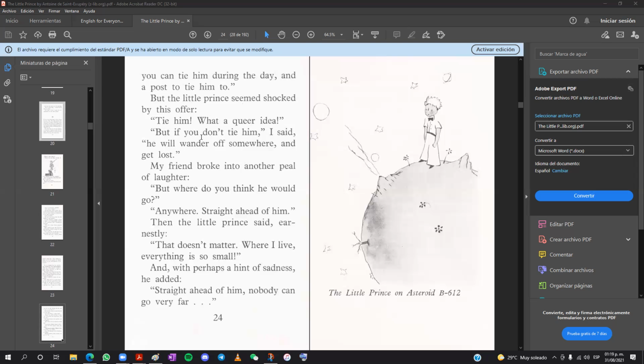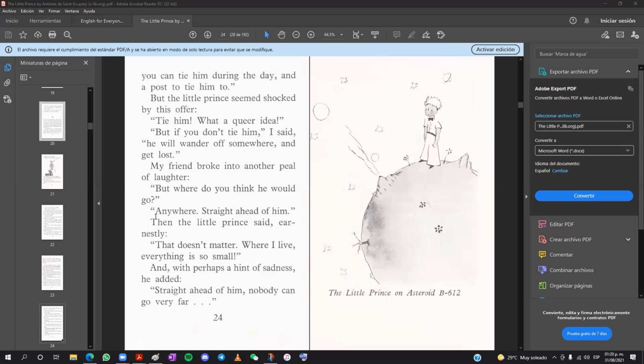If you don't tie him, I said, he will wander off somewhere and get lost. My friend broke into another peal of laughter. But where do you think he would go?